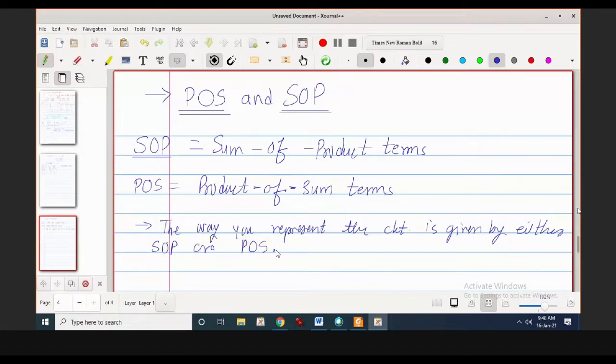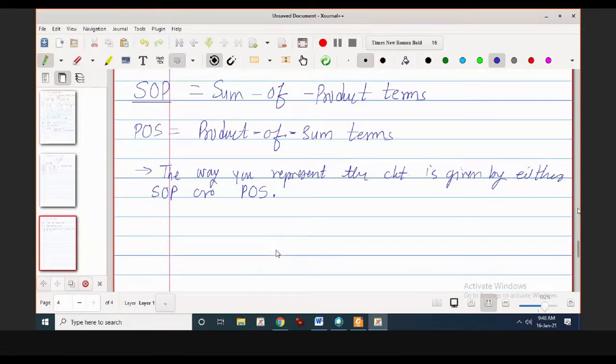Okay, so it is the way by which we can represent the circuit, right? We can't represent the circuit in words. If you try to represent the circuit in English words, then for a single small circuit you have to have a 1 or 2 page write-up. Okay, so instead of going for this, we represent the circuit by using the so-called SOP and POS very easily in a single line statement. Also, in a single line we can represent the SOP and POS.